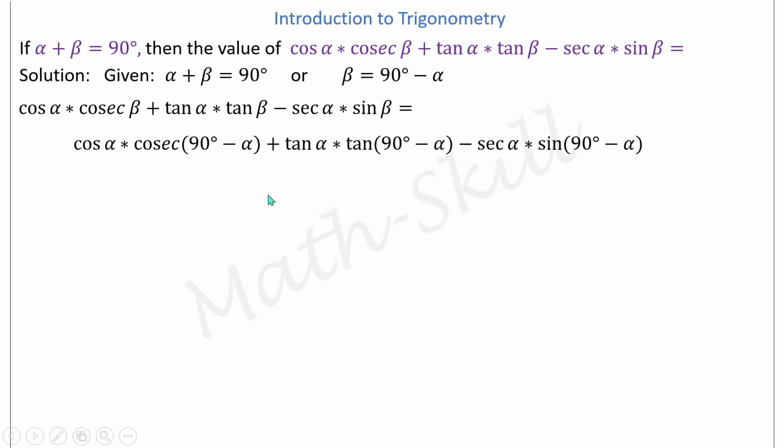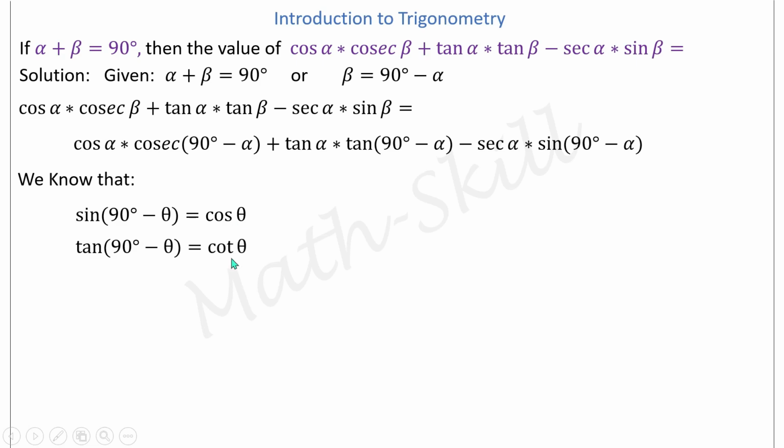We know the trigonometric identities for complementary functions, that is sin of 90 minus theta is equal to cos theta, and tan of 90 minus theta is cot theta. Similarly, cosecant of 90 minus theta is equal to secant theta. Now let us apply the formulas here.